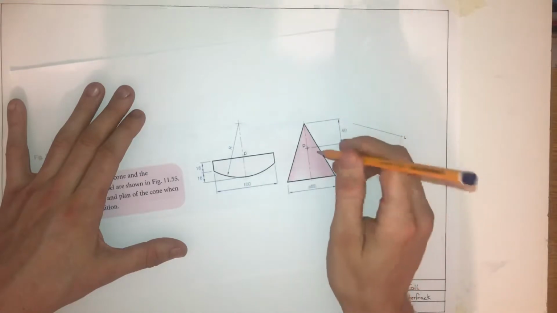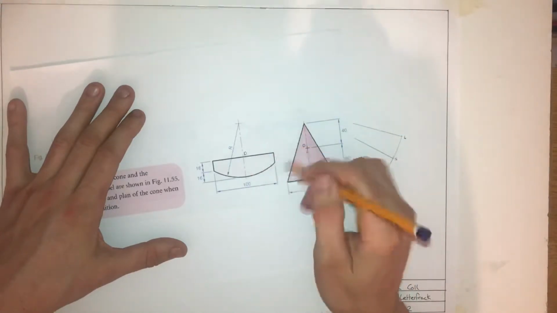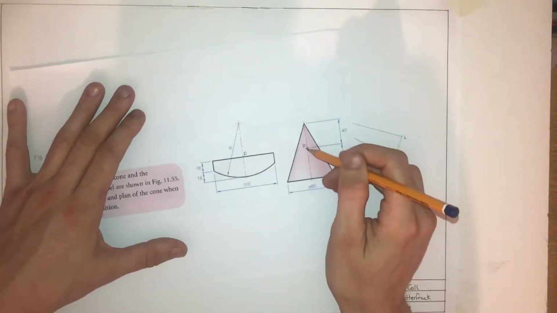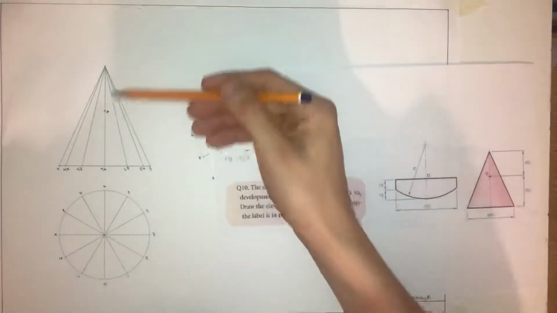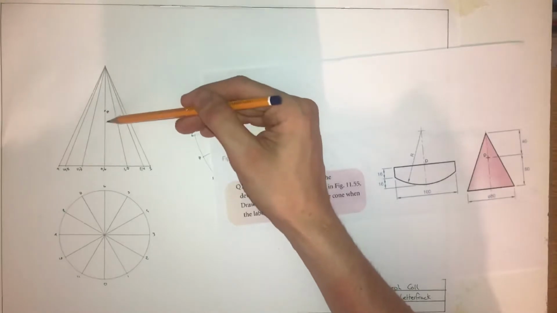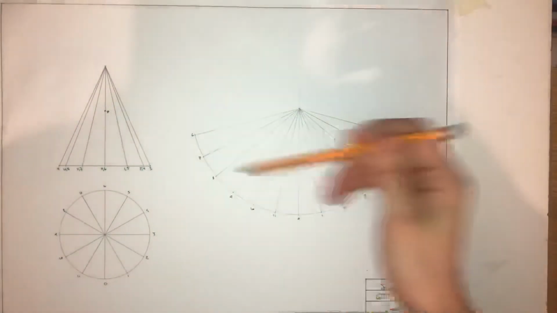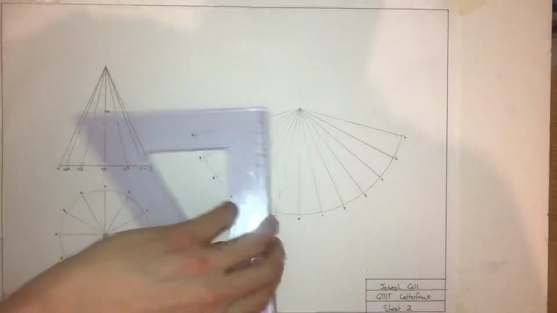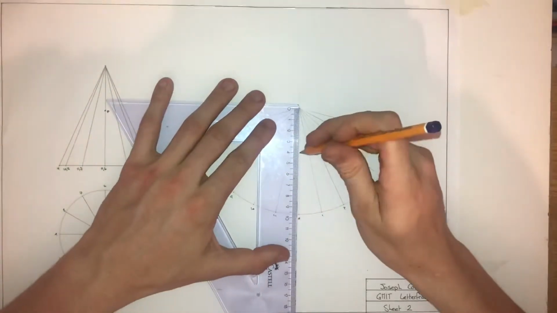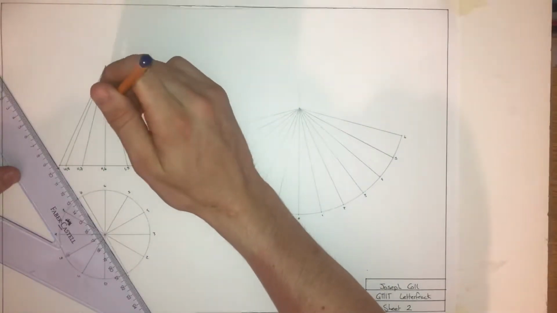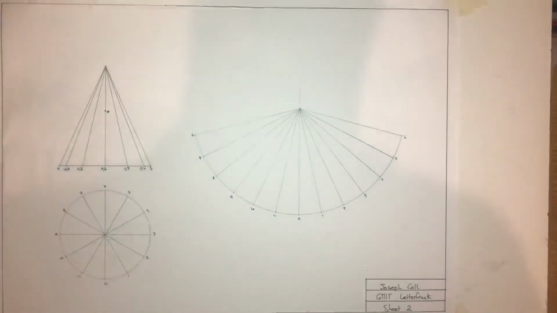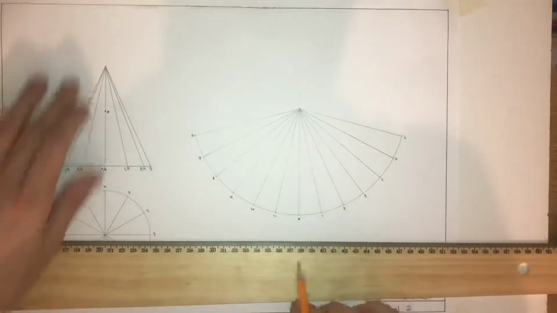So in order to add the sticker to the development, we'll have to find point P. Point P in plan over here is down 40 from the top, but in essence it's on line 06, but I cannot just measure 40 here and mark it there, because as you can see, this is not a true length line, so this does not show the true distance from the vertex to point P.